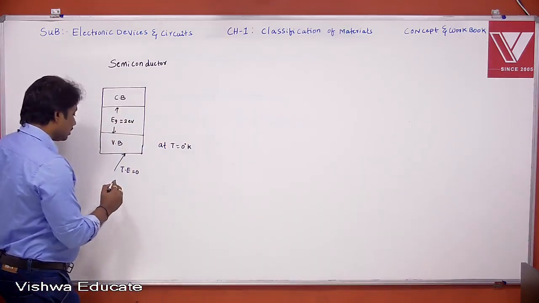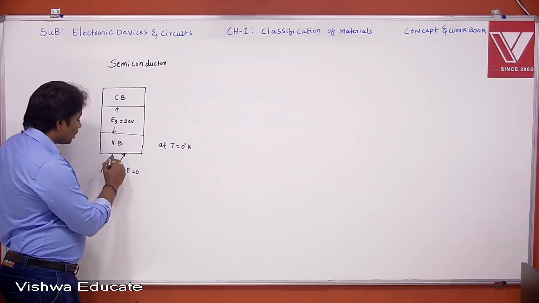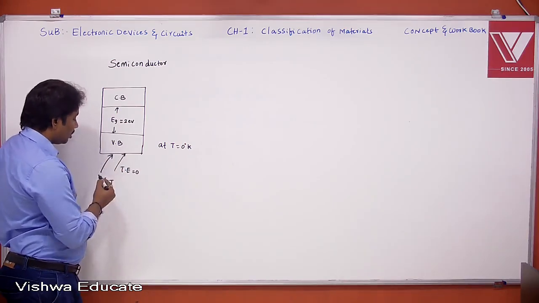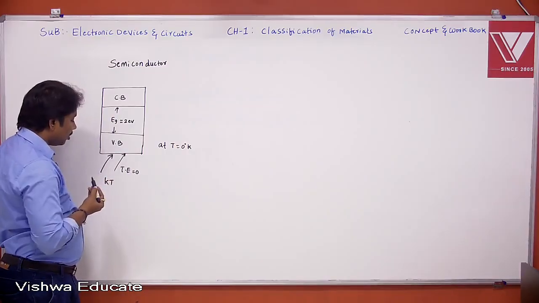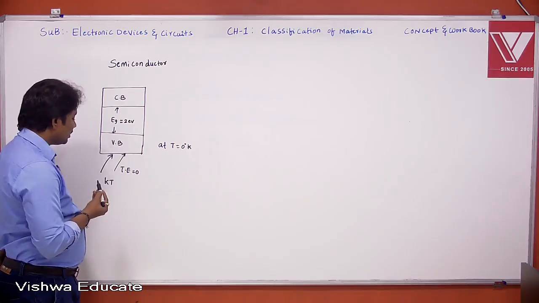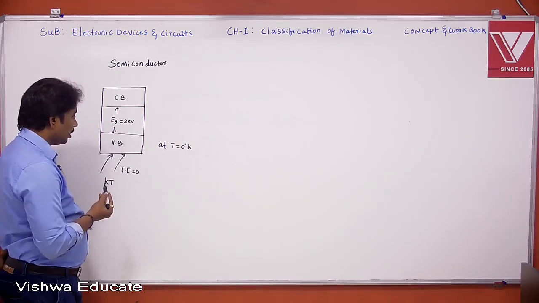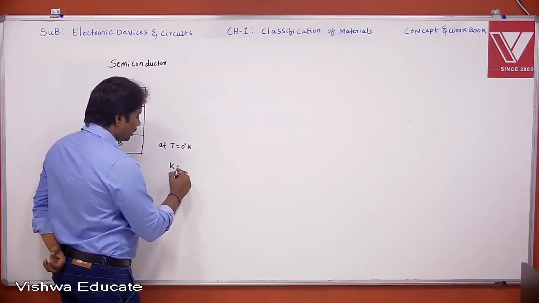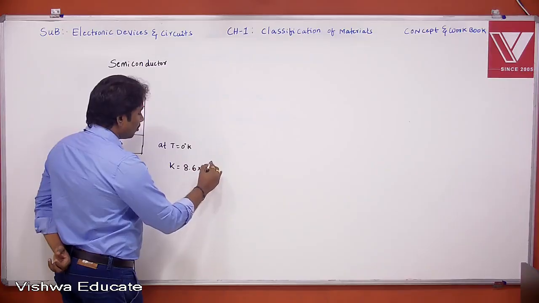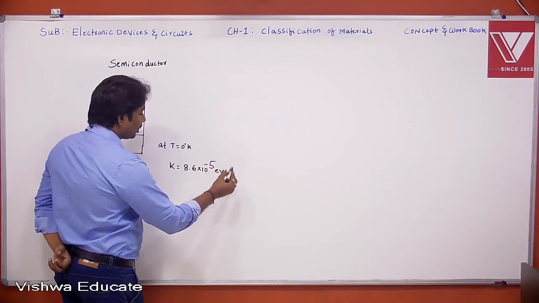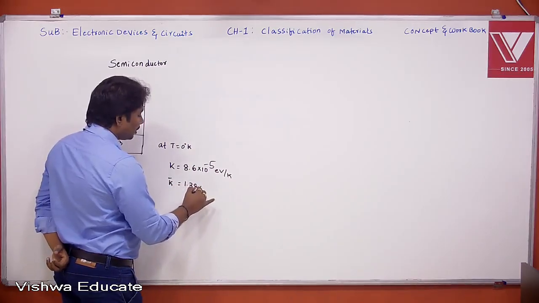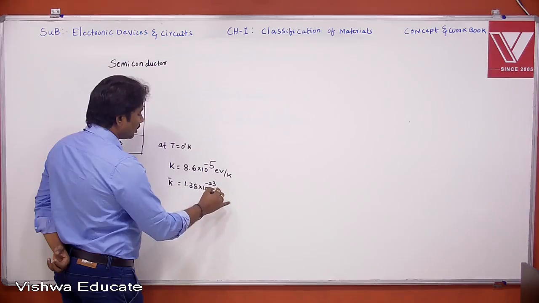Next, what is the average thermal energy supplied to the semiconductor? It is KT, where K is the Boltzmann constant in electron volt per Kelvin and T is the temperature in Kelvin. The K value is 8.6 into 10 power minus 5 electron volt per Kelvin, and K bar is 1.38 into 10 to the power of minus 23 joules per Kelvin.